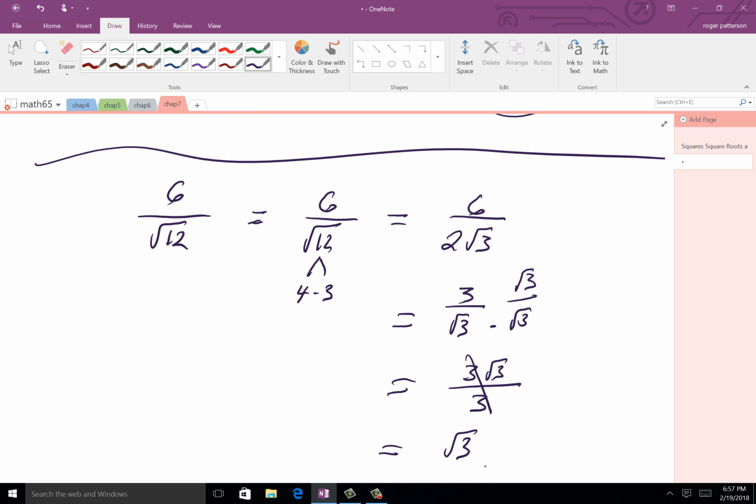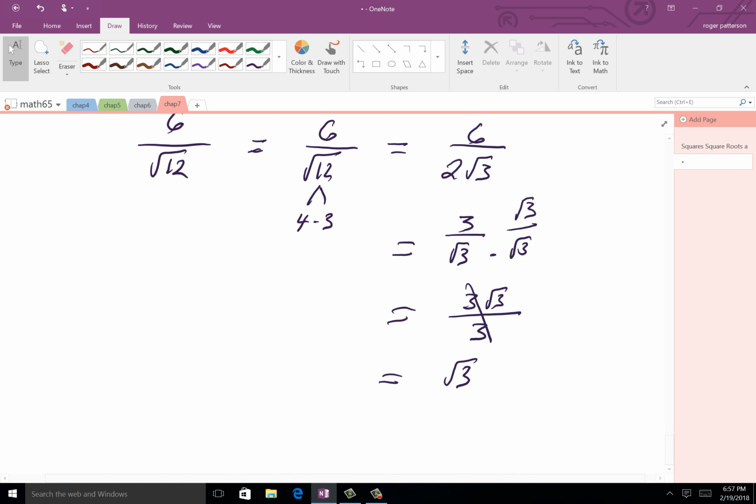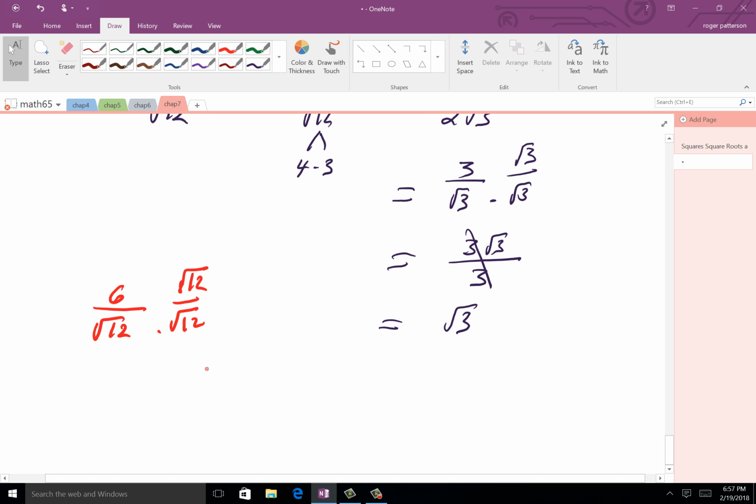So is that easier? Well, let's take a look and see what it looks like the other way. Multiplying by this, top and bottom. 6 square roots of 12 over 12. Oh, but that reduces. Look at that.